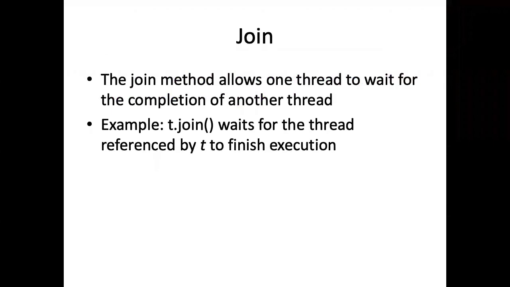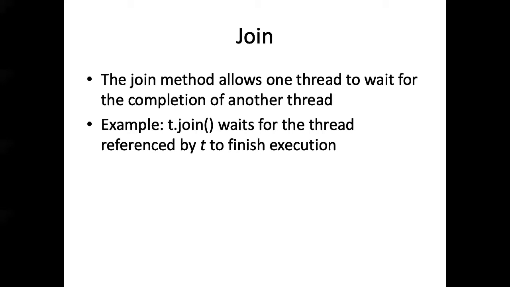Okay, so join allows one method to wait for the completion of another method. If you don't give it an argument, it waits indefinitely for that thread to finish execution. If you give it a limit, like 1,000 milliseconds that you saw in the example, it says, I'm only going to wait for that long, then I want control again.